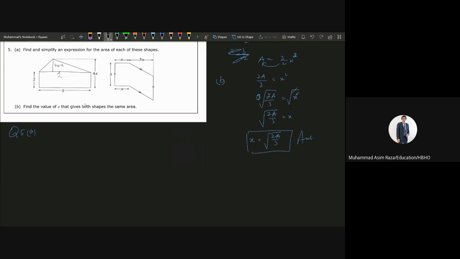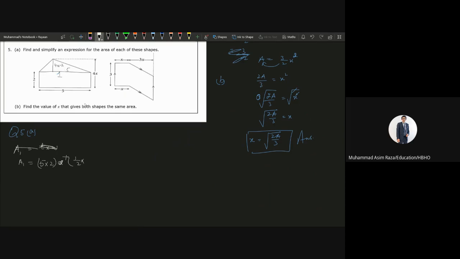Okay, so now you see that we have a triangle and a rectangle as well. And it says find and simplify the expression. So for shape 1, we have length into width. Area 1 is equal to 5 into 2, the area of this rectangle, plus the area of this triangle, and this length is also 5.